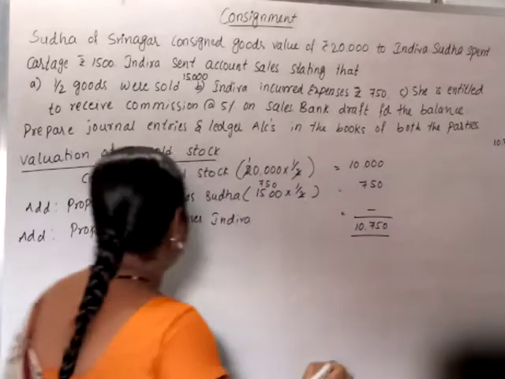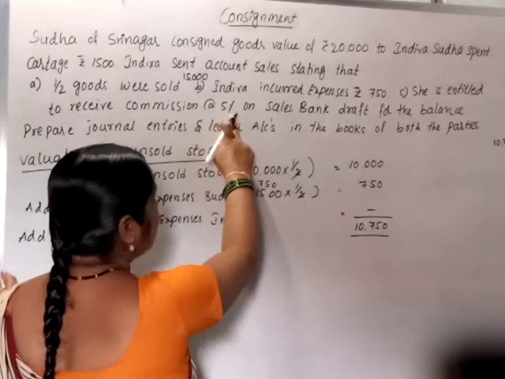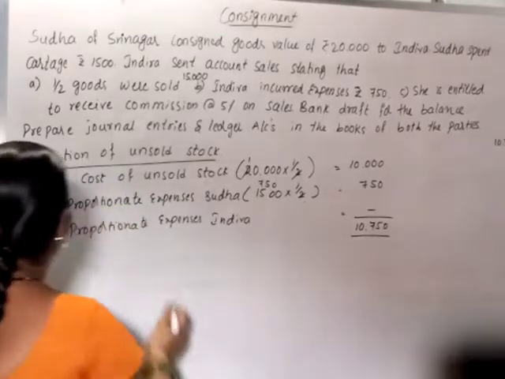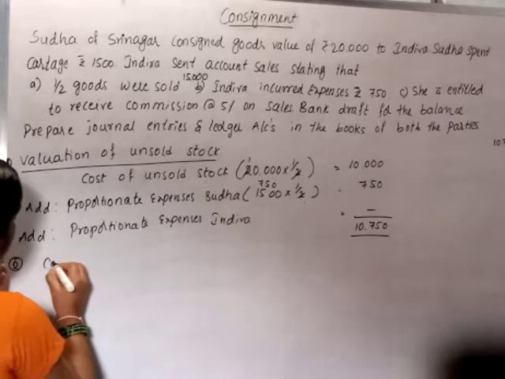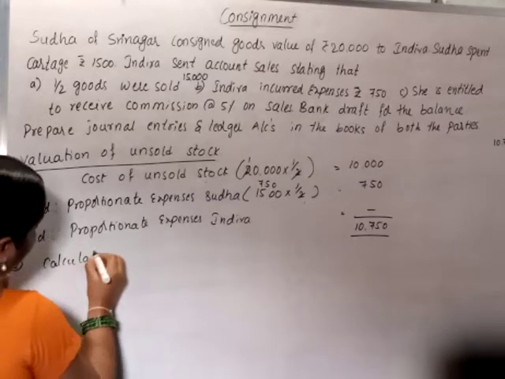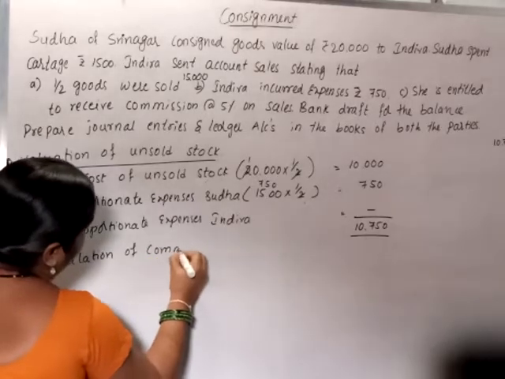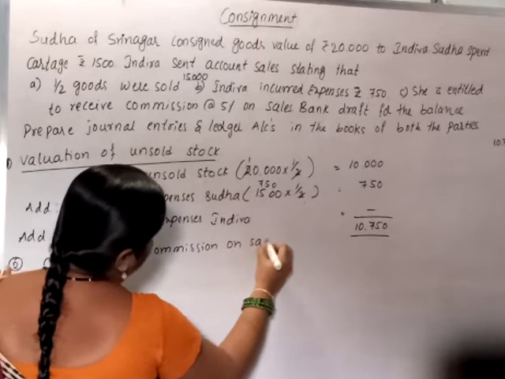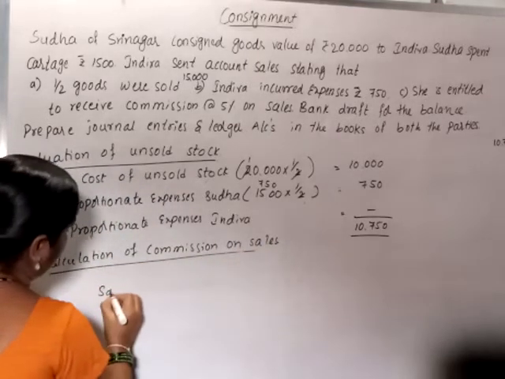Next, we have to calculate the 5% commission on the sales. The commission is not directly given to you, so now calculate the commission also. Calculation of commission on sales. What is the sales value?